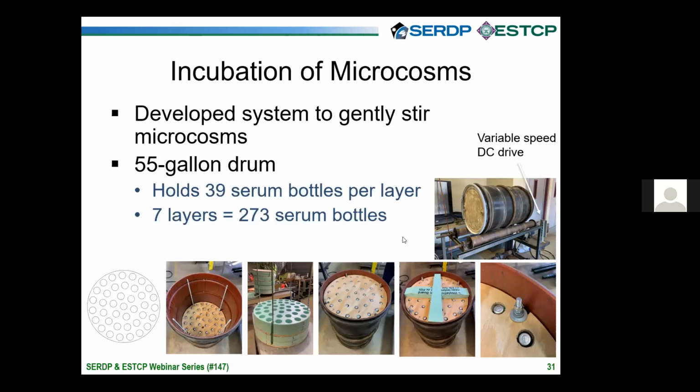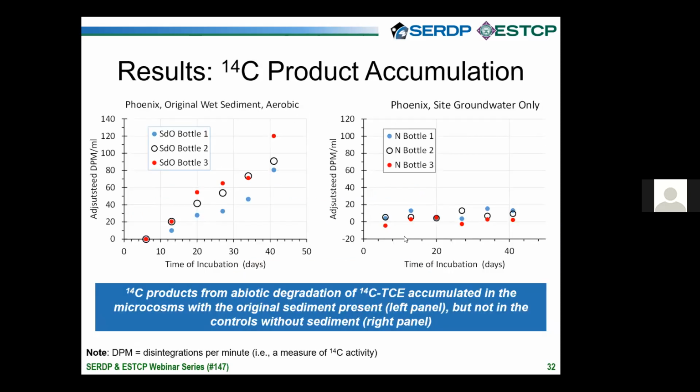Okay, so this is an example result that we have so far from the Phoenix site and the original wet sediment. And this panel on the left is for the aerobic treatment. The y-axis on both of these graphs is in units of disintegrations per minute per mil.